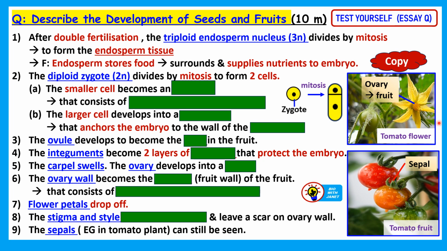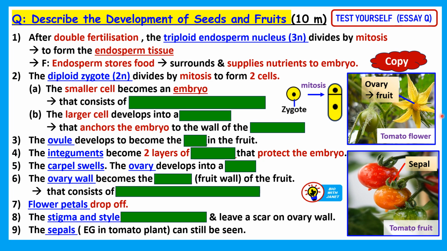Now, the diploid zygote, which is 2N, divides by mitosis to form two cells. So here we see the two cells formed from one diploid zygote, that is formed through the fertilization of the egg cell by the male gamete, right? So this diploid zygote divides by mitosis to form two cells. Now the smaller cell on top becomes the what?